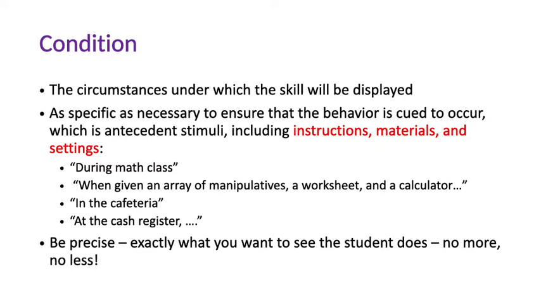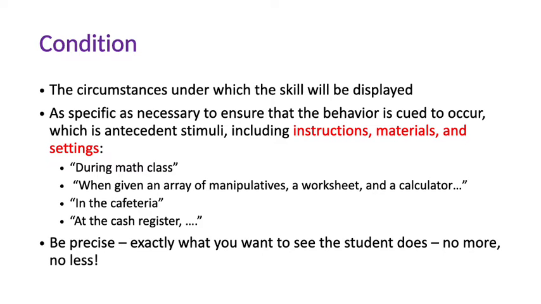The next element is condition. Condition is a circumstance under which the skill will be displayed. So you can describe the setting with specific materials or specific instruction, teacher's instruction. So you are going to describe when or where the behavior will happen.